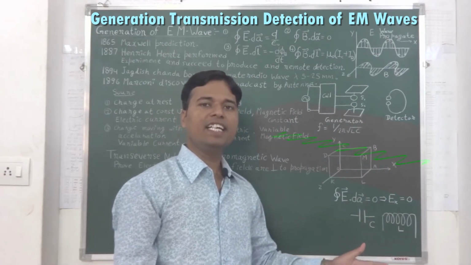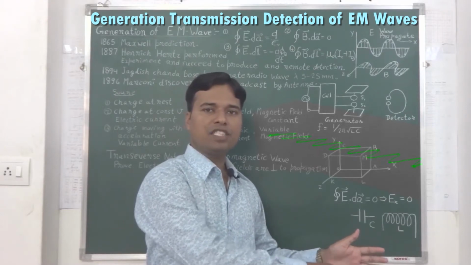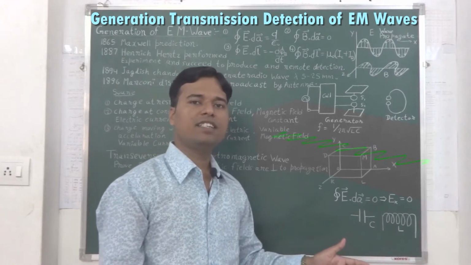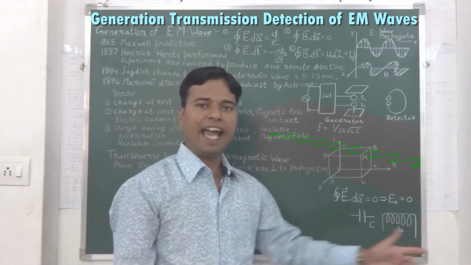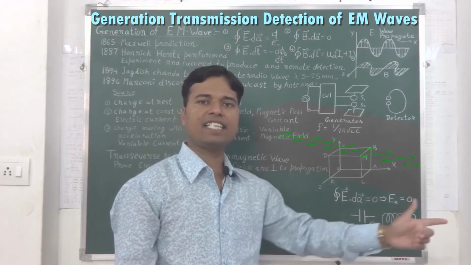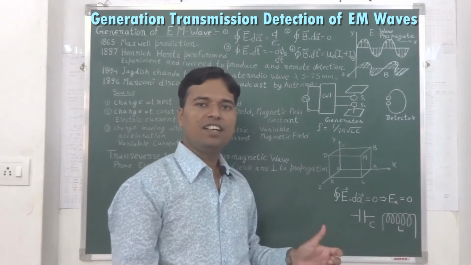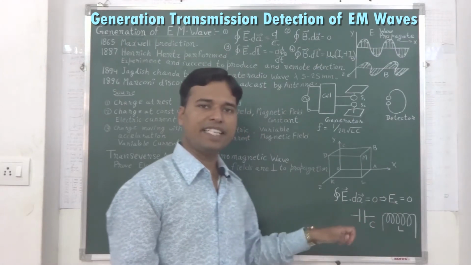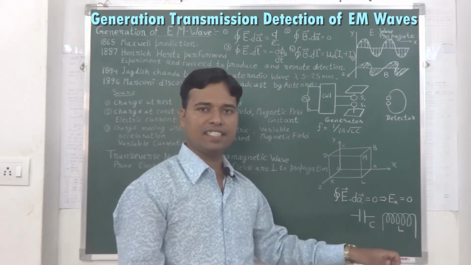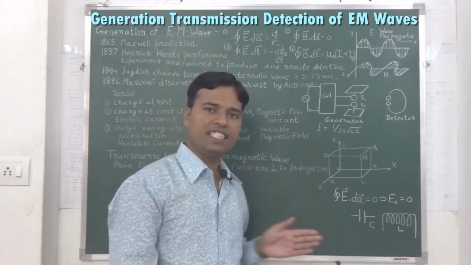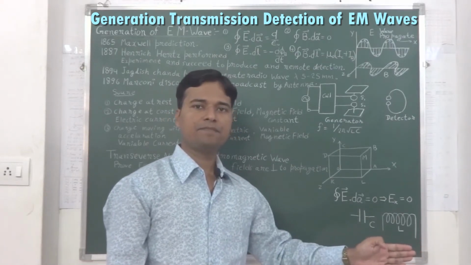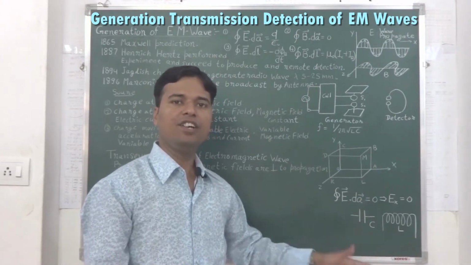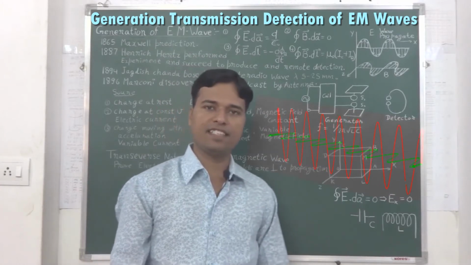Or you can say the magnetic field will oscillate in a plane which is perpendicular to the x and y direction. The x direction is the direction of propagation, the y direction is the direction of the electric field. Then the magnetic field will be in the z direction. So these three properties, the direction of wave propagation, the direction of electric field and the direction of magnetic field, will be perpendicular to each other.